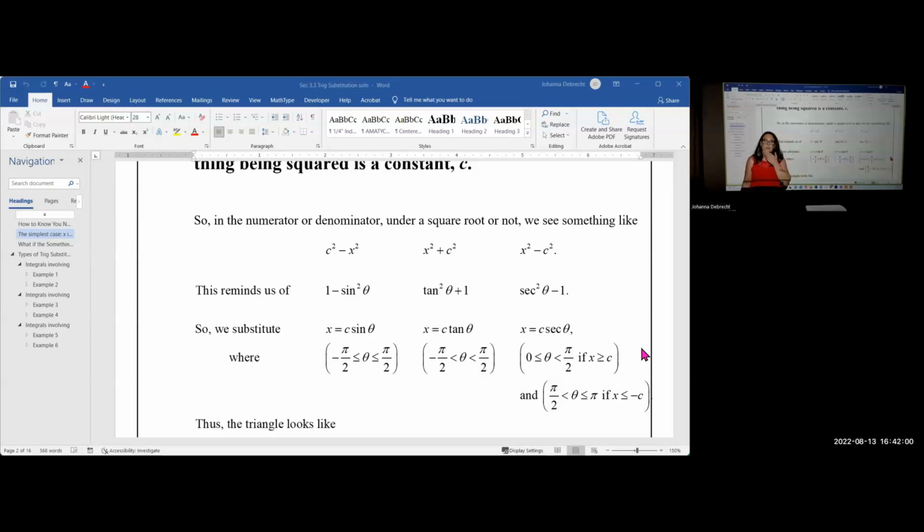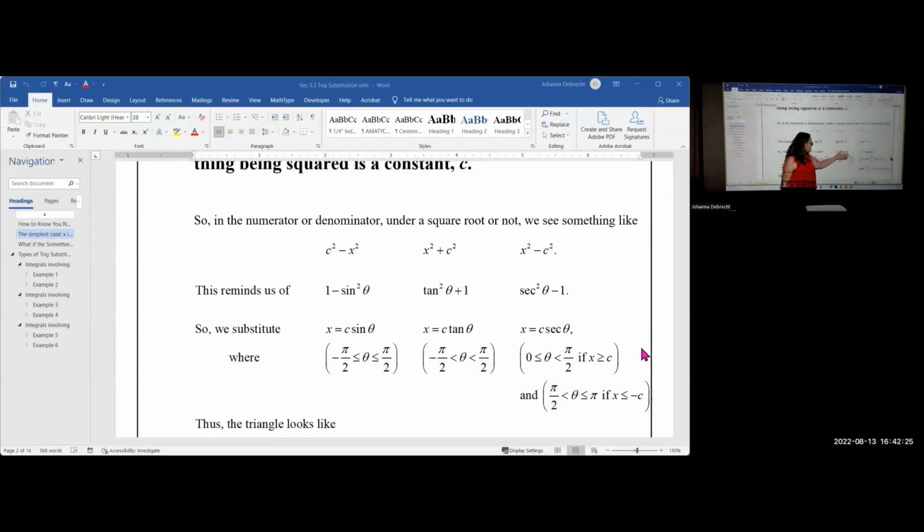Now this turns out to be important because 1 minus sine squared of theta can be replaced with cosine squared of theta. If we take the square root of cosine squared of theta, we get the absolute value of cosine theta, but cosine is positive in both of these quadrants. So the absolute value is equal to cosine, and that lets us drop the absolute values.